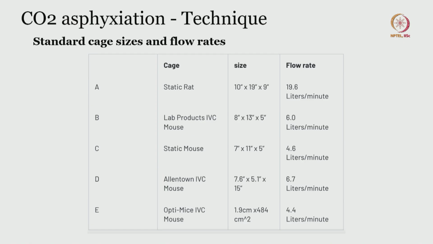So, today we will go through the details of how exactly the carbon dioxide asphyxiation euthanasia is performed, what are the do's and don'ts, and how to ensure that the death is clean with the least amount of pain and distress. All right. So, let us look at the technique per se.